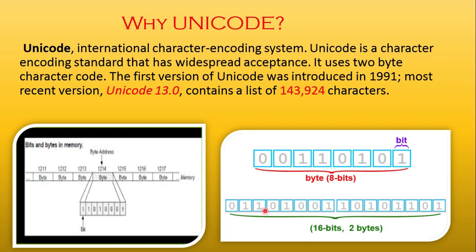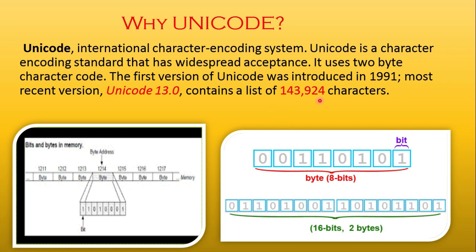Unicode uses 16 bits. That means, very simple, you can say that the number of characters that can be represented by using the Unicode system is 2 raised to the power 16. That exactly comes to 65,536.